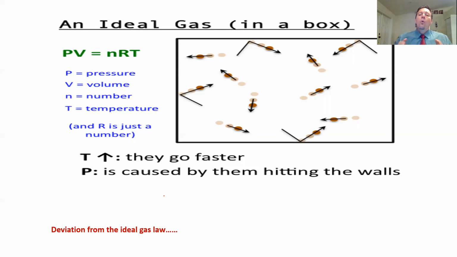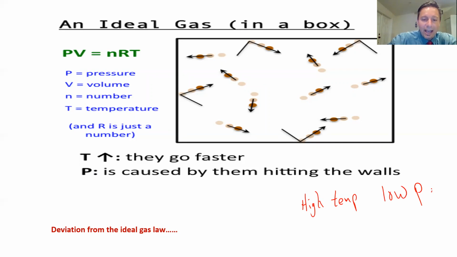So when does a gas most act like ideal? That would be high temperature and low pressure. That is when it acts most like an ideal gas.